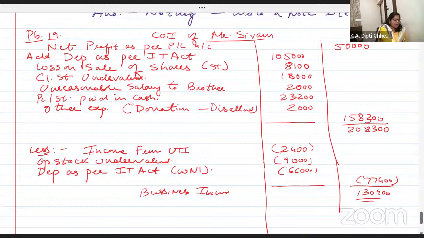Ask if you have any doubt. किसी को कोई डाउट है तो पूछो. Justify हुआ. We have added expenses which you have debited but not allowed. Cash pay किया तो नहीं चलेगा. Unreasonable salary pay किया तो नहीं चलेगा. Closing stock को undervalue किया तो correction कर लो. And so on. And then less.